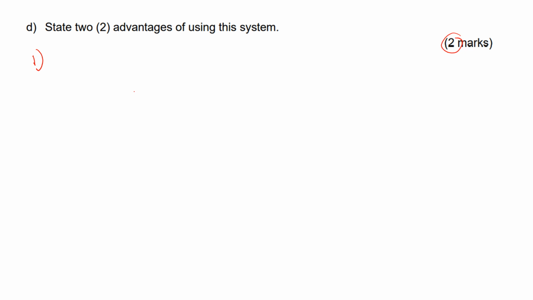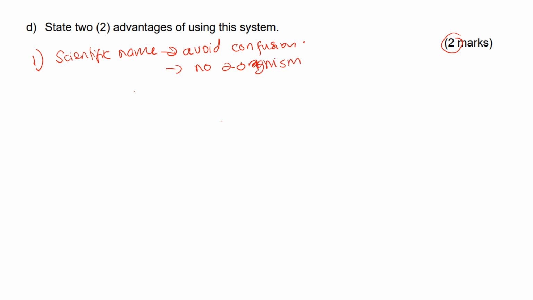So for point number 1, by having scientific names, this will avoid confusion, as no two organisms can have the same scientific name. That is the first advantage.